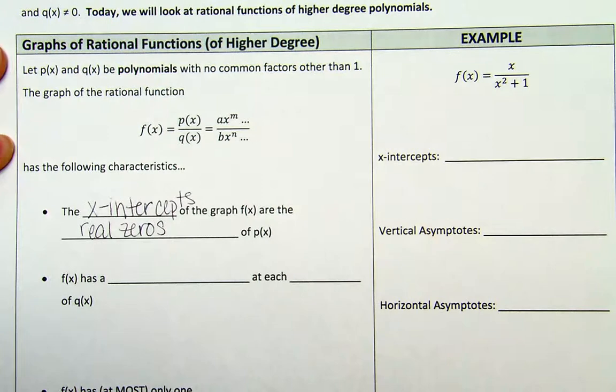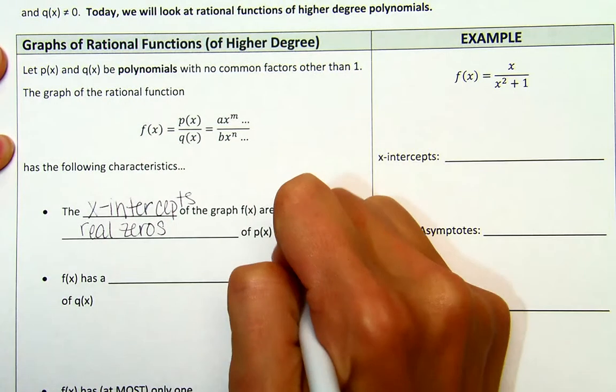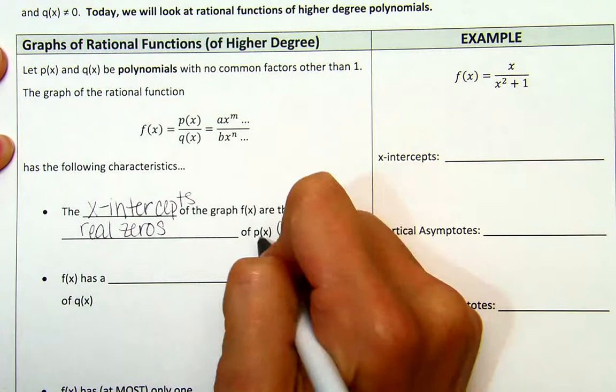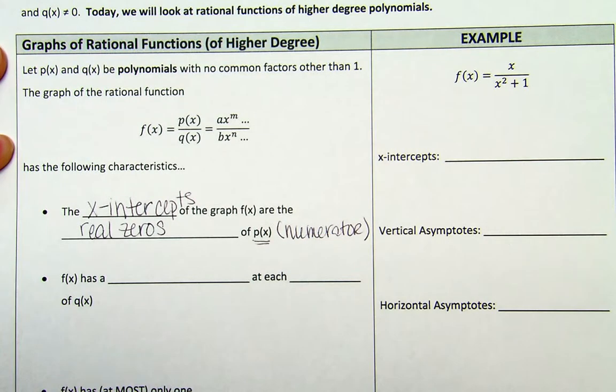In other words, we're taking our numerator, which in this case will be p of x, setting it equal to 0 and finding its real zeros. That's going to tell us what the x-intercepts of our rational function will be.